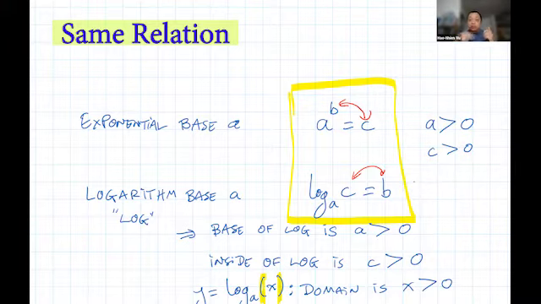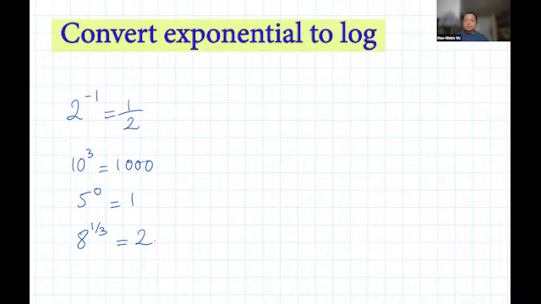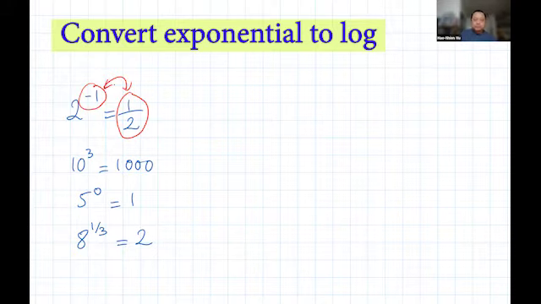Now let's practice switching between exponential and logarithm. We're given these four relationships in exponential. Let's switch them to logarithm. First relationship is 2 to the negative 1 equals 1/2, which is true. Negative power means 1 over. We're going to switch places between the negative 1 and the 1/2.